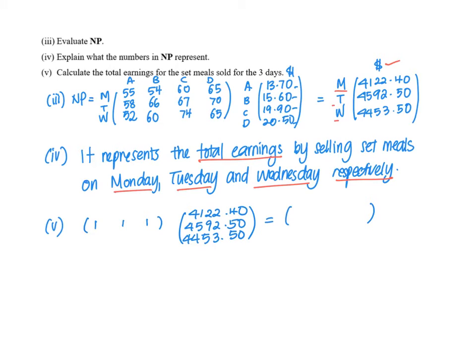And this can be used if the question says using matrix multiplication. So therefore, the total earnings is $13,168.40. Have you gotten the answer?